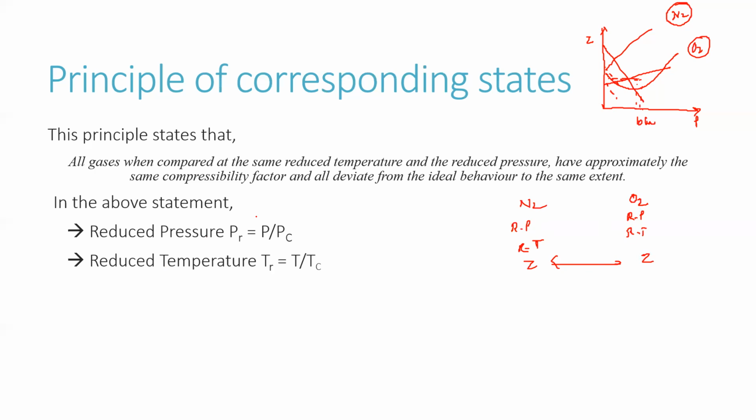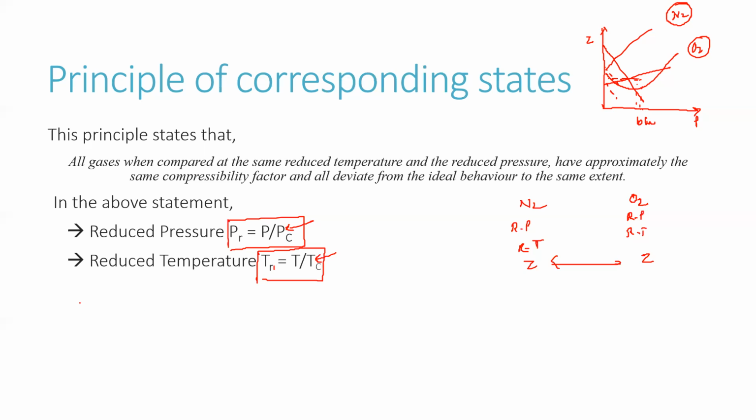Reduced pressure is defined as pressure upon critical pressure. Critical pressure we discussed in the previous class. Reduced temperature is temperature upon critical temperature. Critical temperature and pressure data are very easily available in the literature. So from there we can get the values of PC and TC, and then we can get PR and TR.